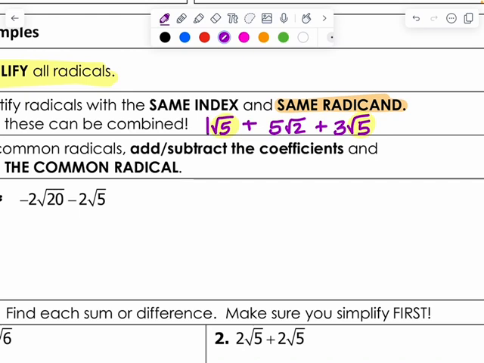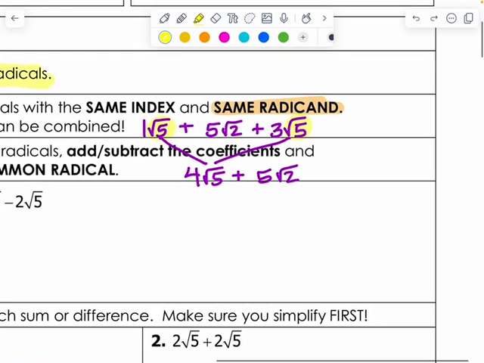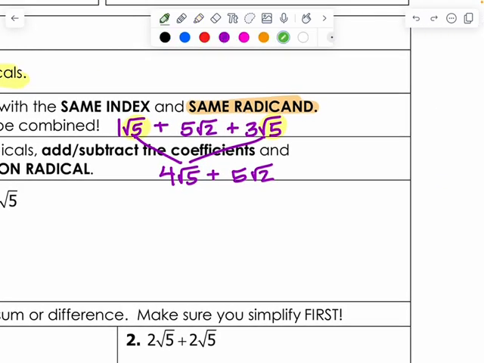So these can combine together to be 4 radical 5. And then this plus 5 radical 2, we can't combine those because these are not the same radical. It's very similar to 4x plus 3x, which we know is 7x. We combine like terms as long as our radicals are the same.